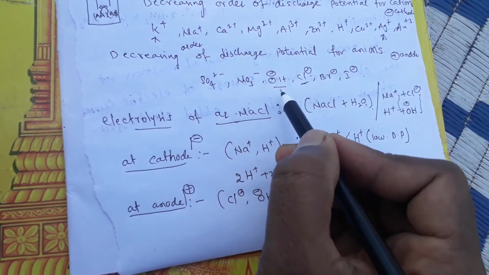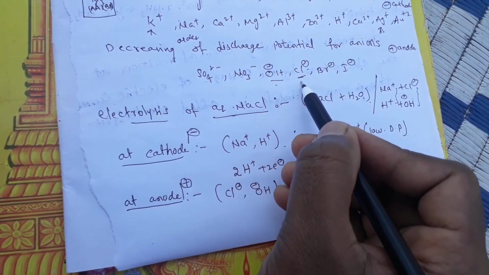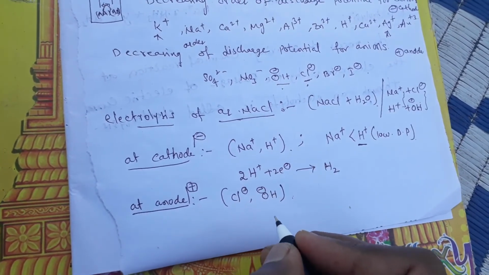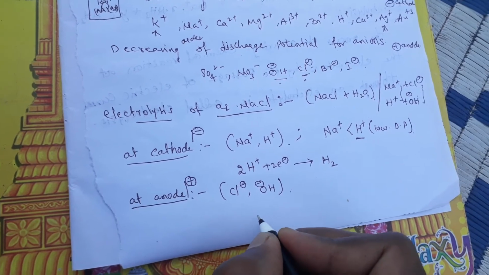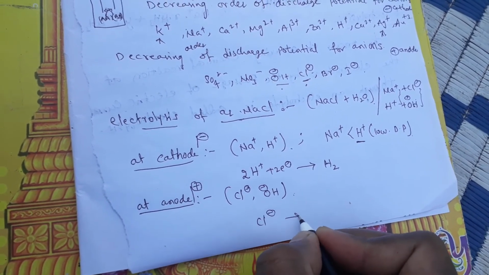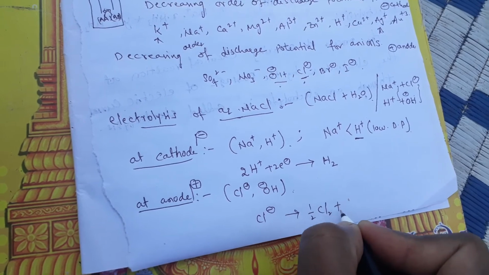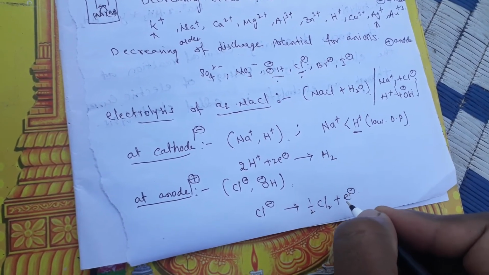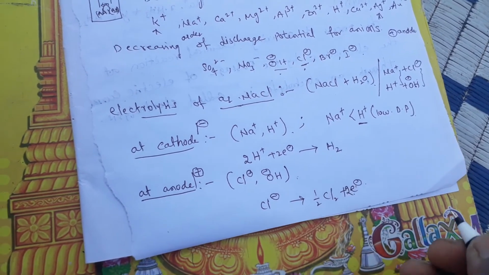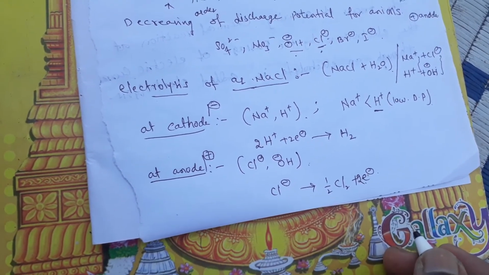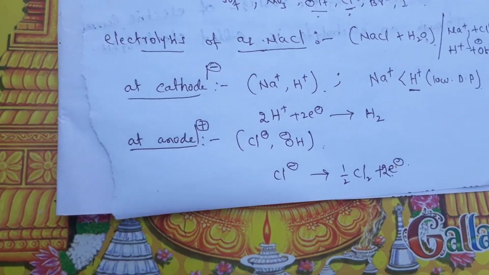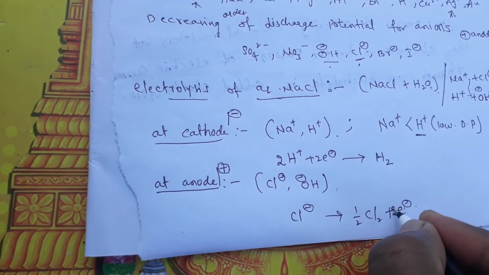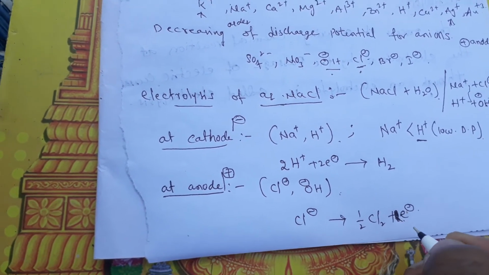If you see here, this one is the lowest discharge potential, so it undergoes oxidation. Cl minus gives rise to half Cl2 plus electron. If you see, it is an electron, not 2 electrons.